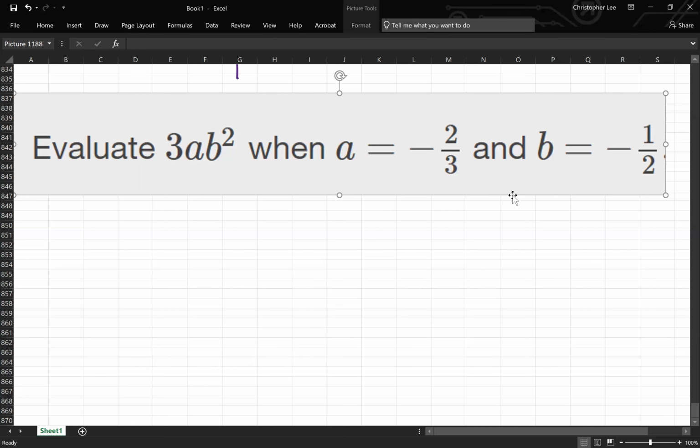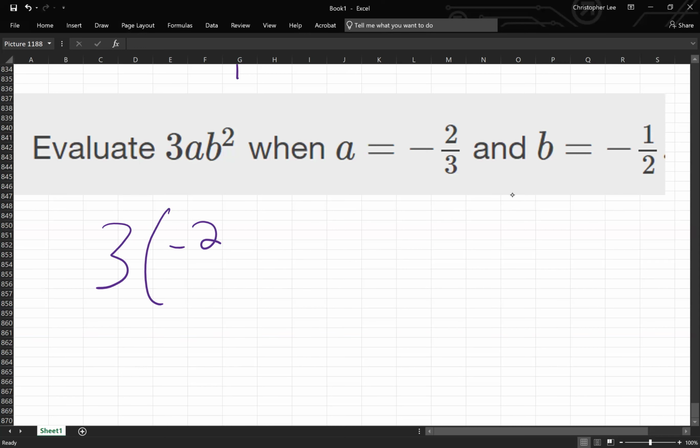All right, let's try. So I have 3, but instead of the A, I'm going to write in what A is, -2/3. And then I'll have the B. Instead of B, I'm going to write in -1/2 and then squared, right? Order of operations, deal with the exponent first, right?